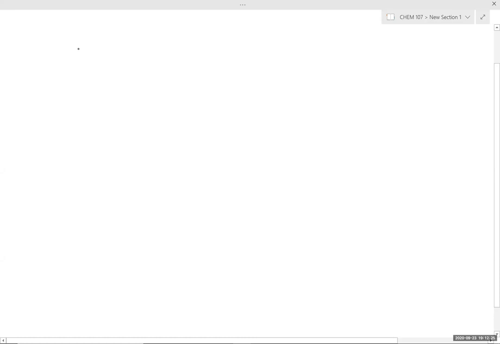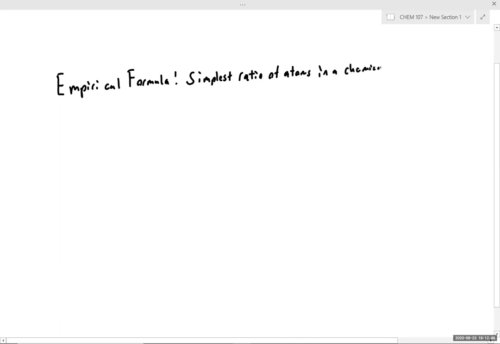Okay, so let's go over some basic terminology. This lab focuses on what's known as the empirical formula. The empirical formula is the simplest ratio of atoms in a chemical formula.